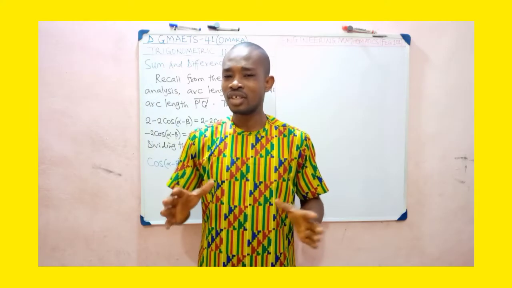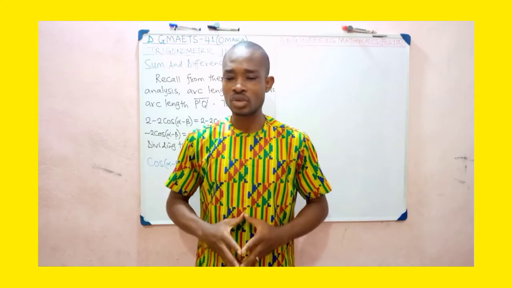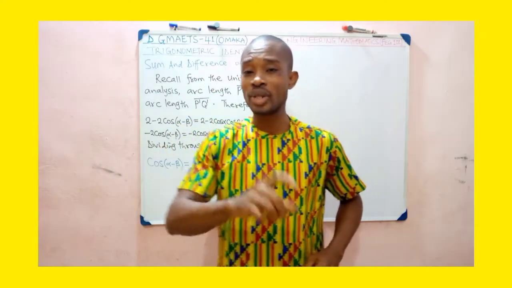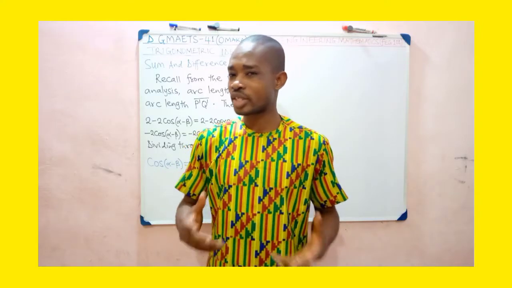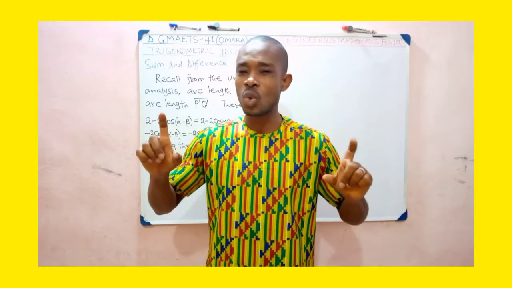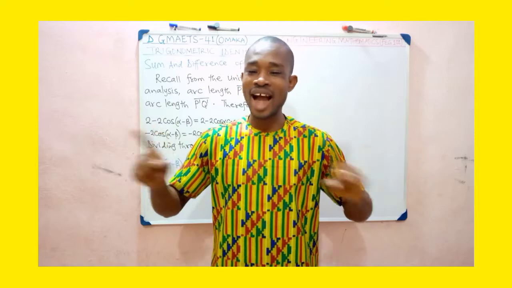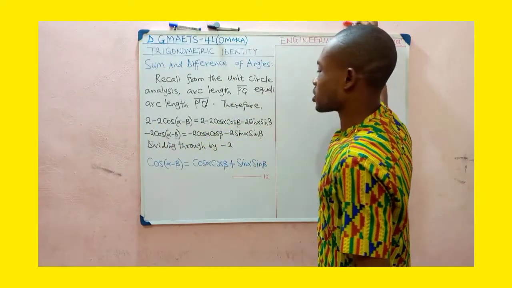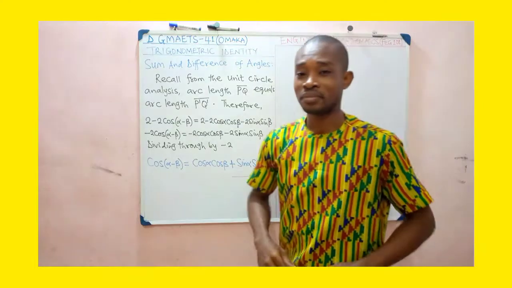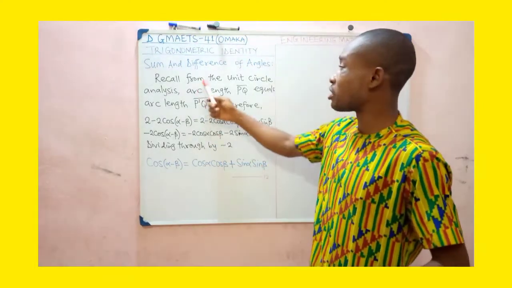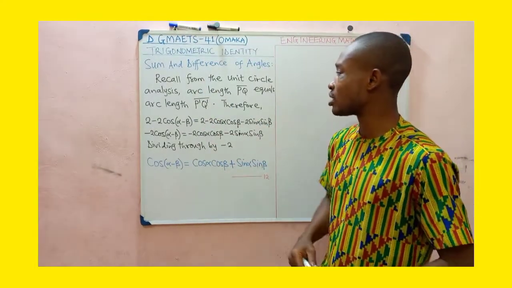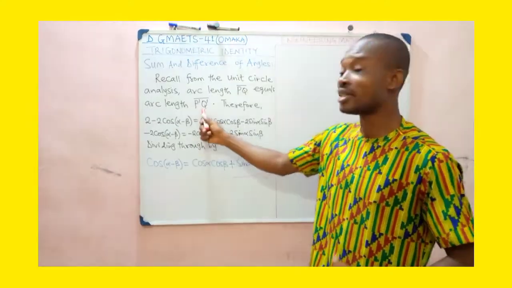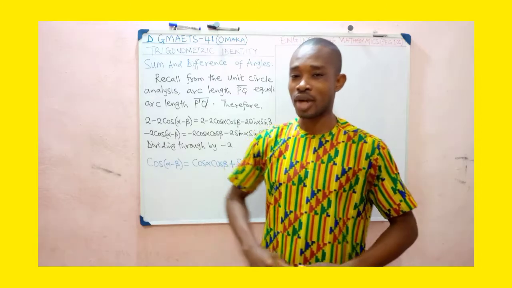Having obtained these arc length values, and we know that the two figures, figure 1 and figure 2, are congruent shapes, we stated before now that we have to equate the two arc lengths. We need to make them equal. And of course, that is what we have on the board here. Okay? So we need to recall from the unit circle analysis that arc length PQ is equal to arc length P prime Q prime.